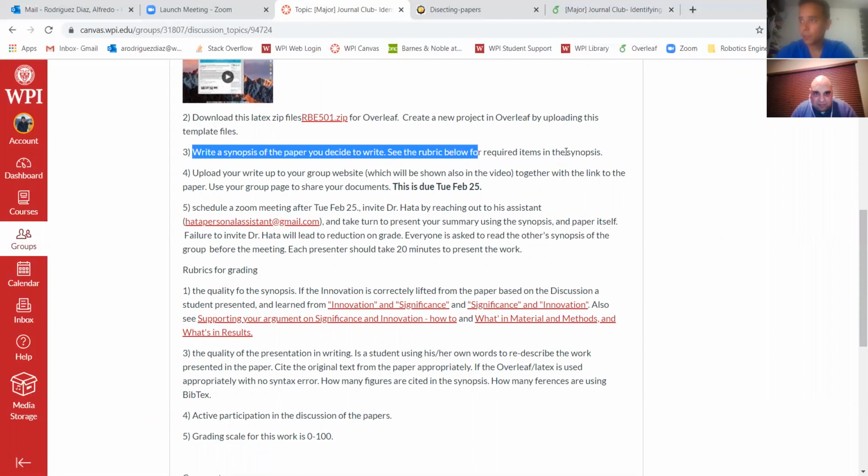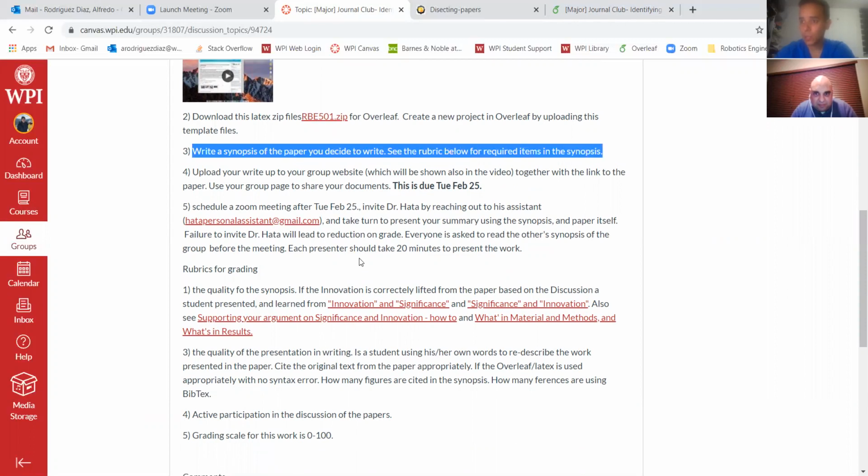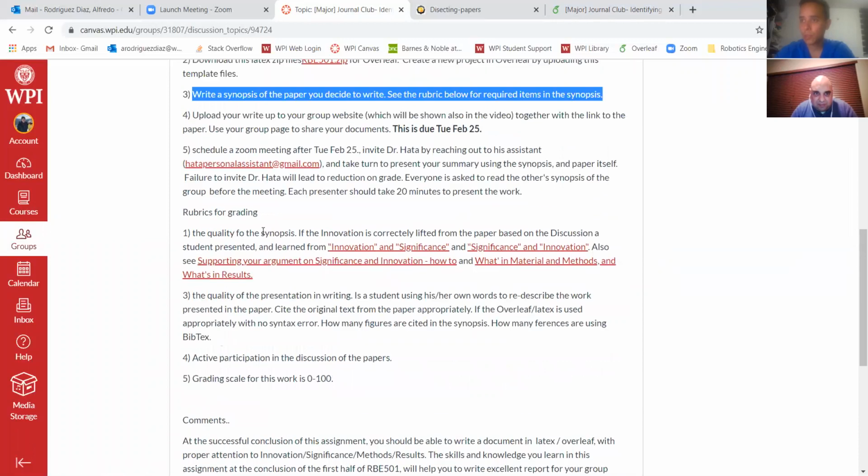We're going to write it down. We need to also look at the rubrics, which highlight the significance and innovation discussions that we had as part of the previous assignment. Here's a method on how to extract the significance and innovation from a paper, which works.